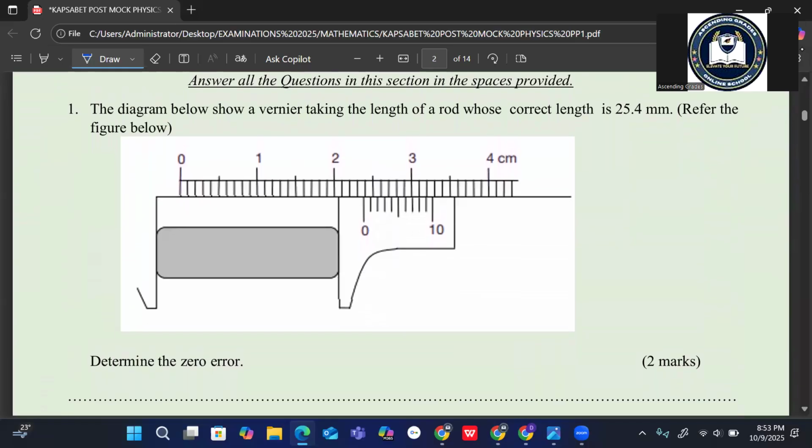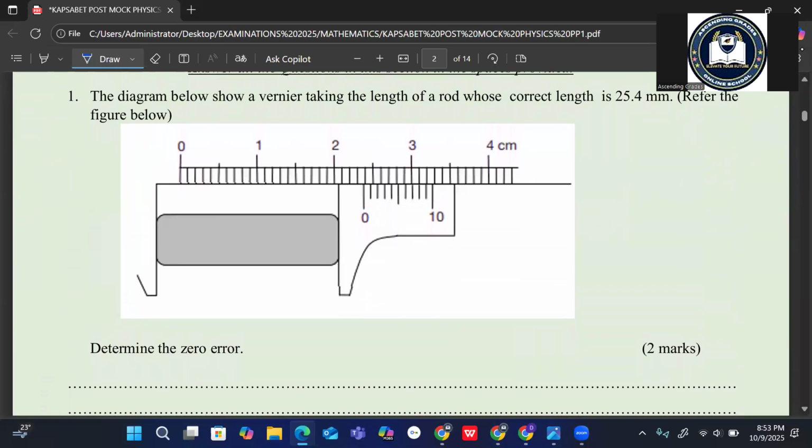The figure below shows a vernier caliper taking the length of a rod whose correct length is 25.4 millimeters. Remember, we are talking of vernier.